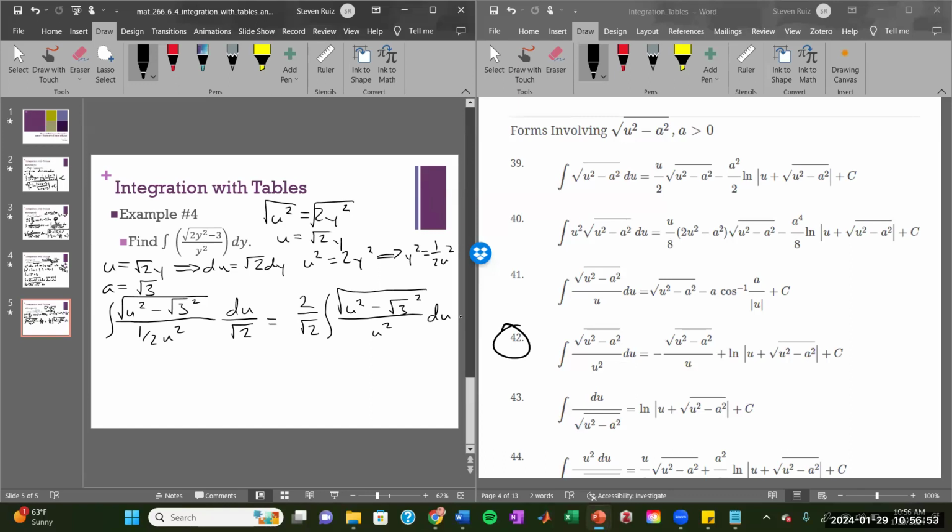So let me stop there. Did a lot of manipulation to get to that place. Any questions about how we got to that place? If we're okay with that, can we do the integral?